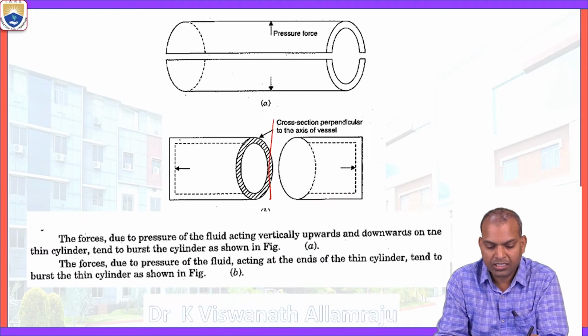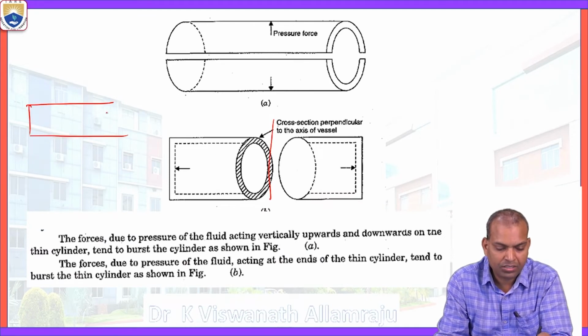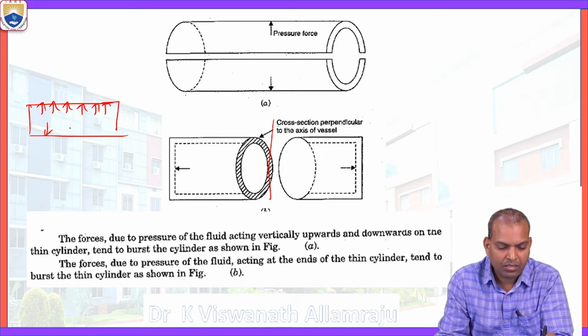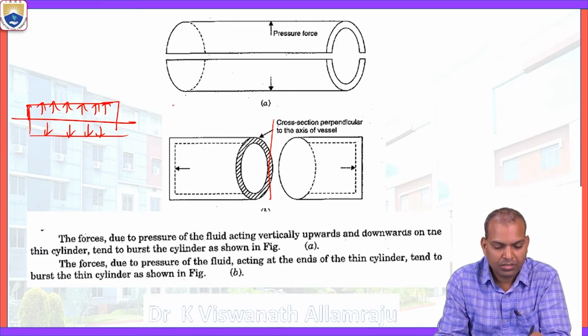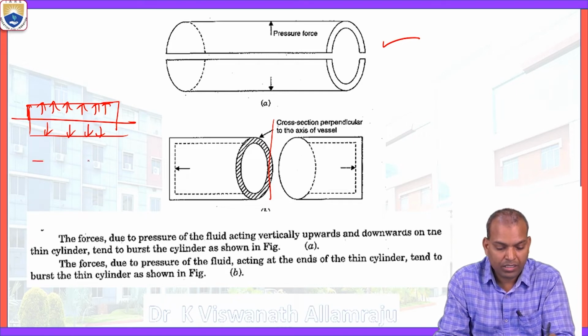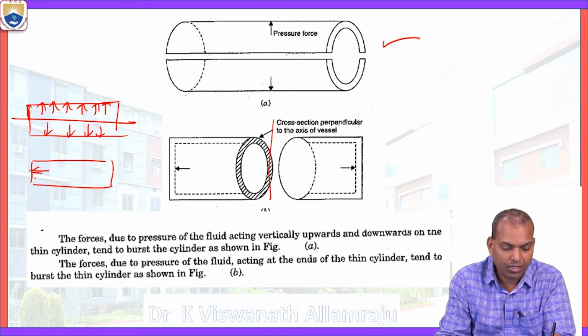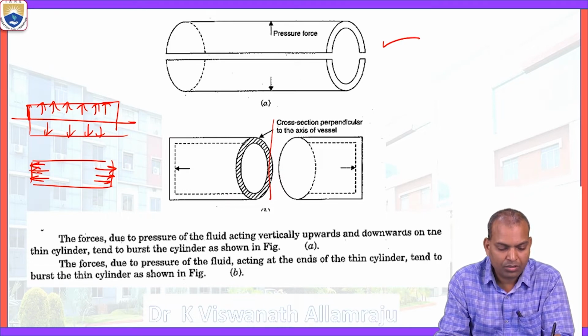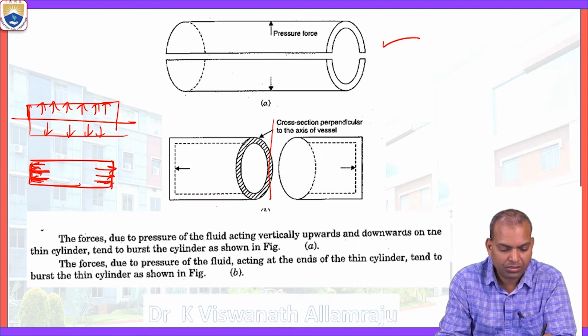This is horizontally if it acts, as we consider. This fluid pressure acts to burst in this manner. It bursts, so it becomes pieces. This is the bursting. And because of the pressure of the fluid along the length, it will burst the shell in this direction.